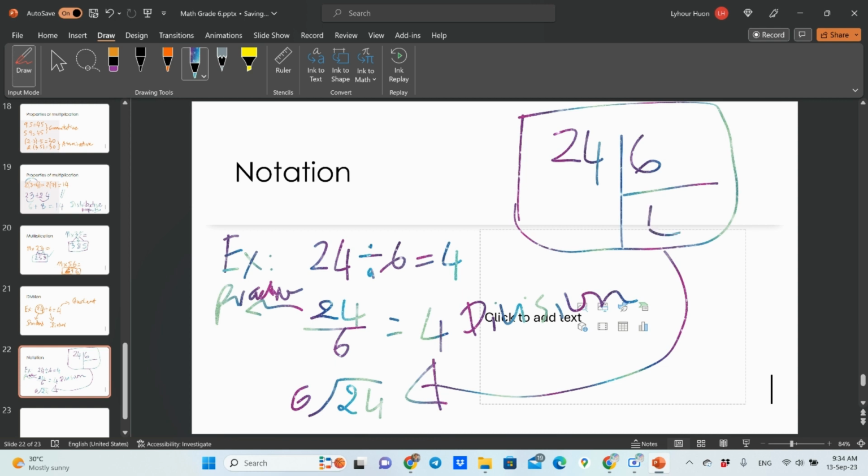Because this will be the result, and the remainder will be kept here. The other one, I'm still not familiar with. But now they changed to this because they want to modernize to the US standard or whatever, but the US standard is sometimes very complicated.